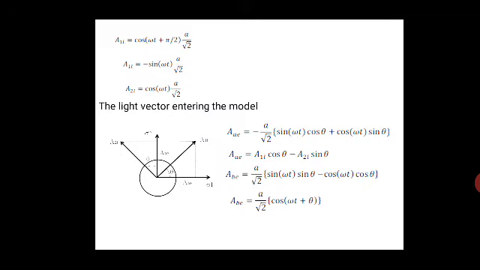Similarly, when the light vector enters the model, I resolve it into two components, A and B, where A can be written as A1 cos theta minus A2 sin theta. Similarly, I can write the second component, in the vertical direction, as A by root 2 times cos of omega t plus theta.